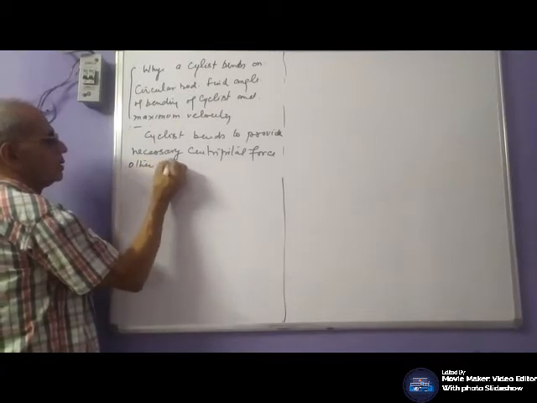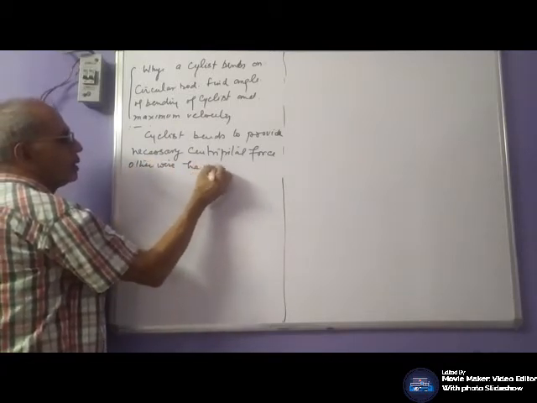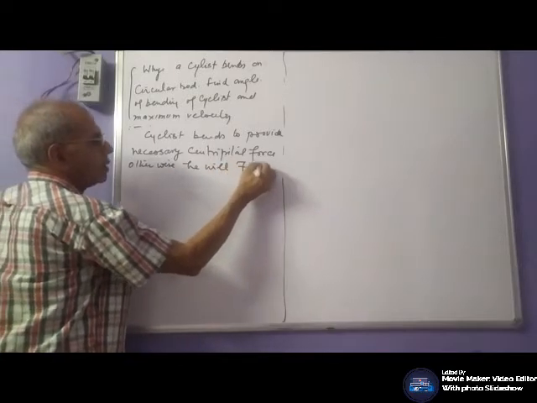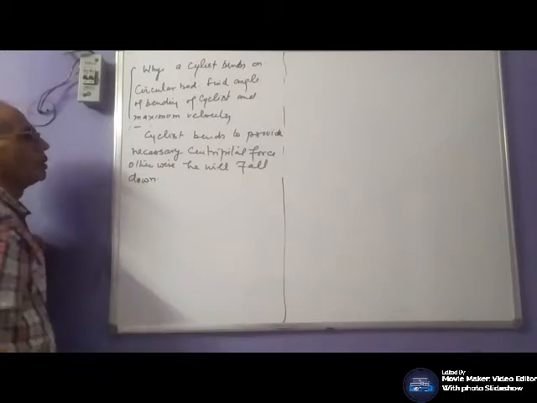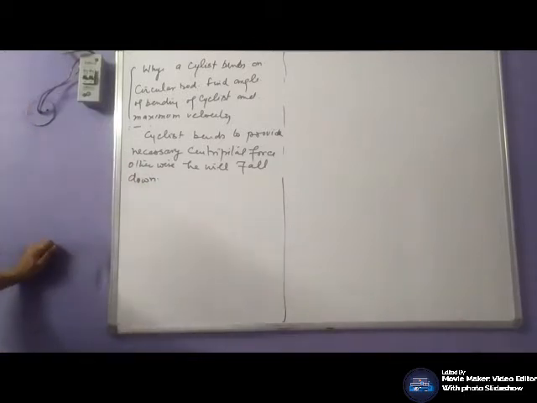Otherwise, he will fall down. When anything wants to move in a circle, centripetal force is necessary. So he bends to provide the necessary centripetal force.